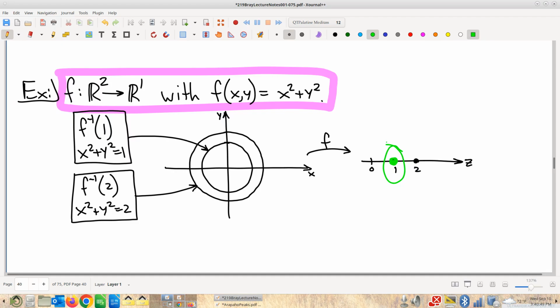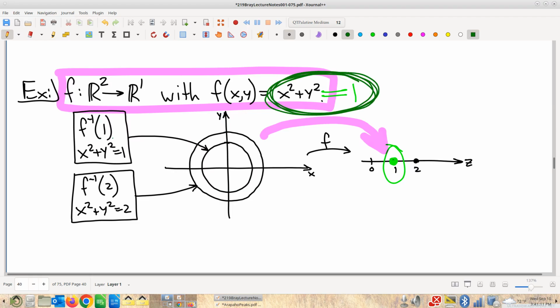This exact chosen output. I want the function to give me 1. So I want the value of the function to equal 1. So I'm looking then at x's and y's that satisfy that equation.